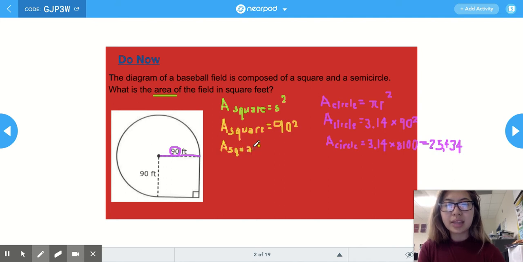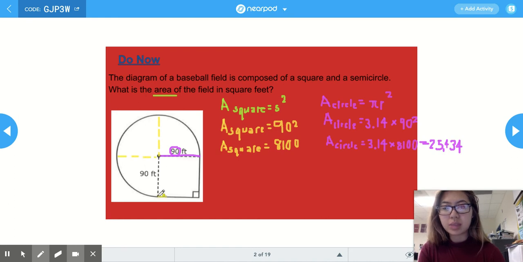Looking at this semicircle, it's not a full circle and it's not a half circle or a quarter circle. So what I'm going to have to do is figure out how much of a circle is represented in this diagram.